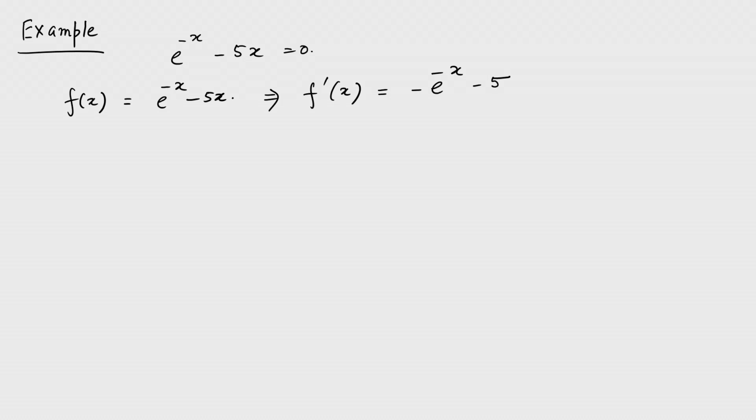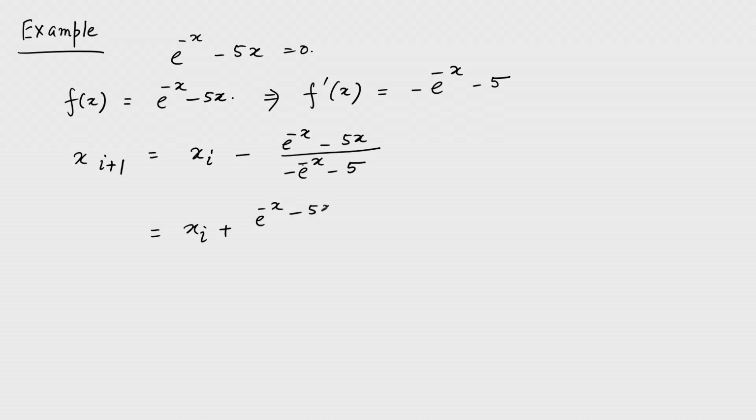So, what is my x(i+1)? That is equal to x(i) minus exponential minus x minus 5x divided by minus exponential minus x minus 5, and this tells you that it is equal to x(i) plus exponential minus x minus 5x divided by exponential minus x plus 5, and so on.